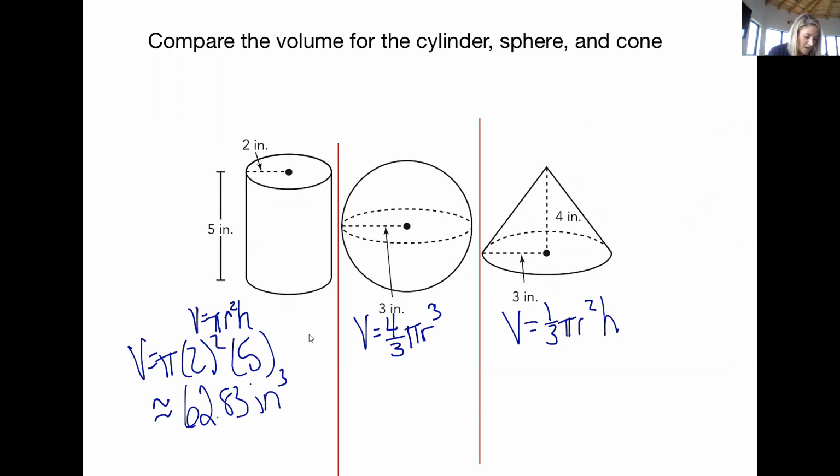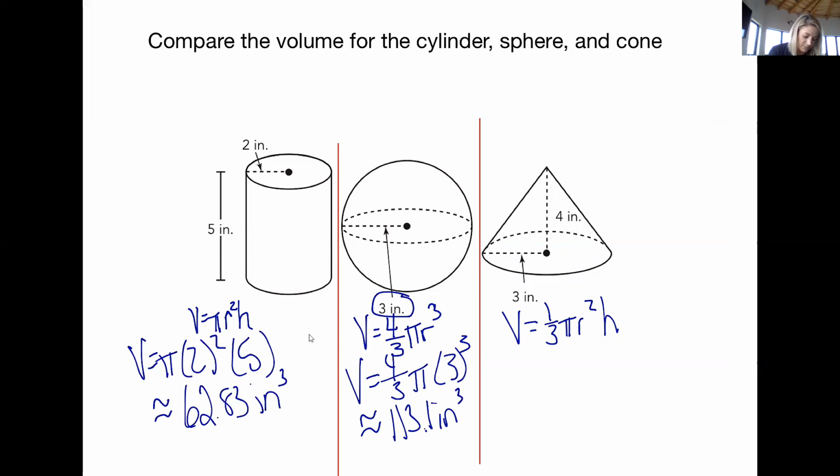In my next one, I know that the radius is 3, so volume equals 4/3 pi times 3 cubed. And using my calculator, not the top of your head, you should punch that in for sure, it is 113.1 inches cubed, approximately.